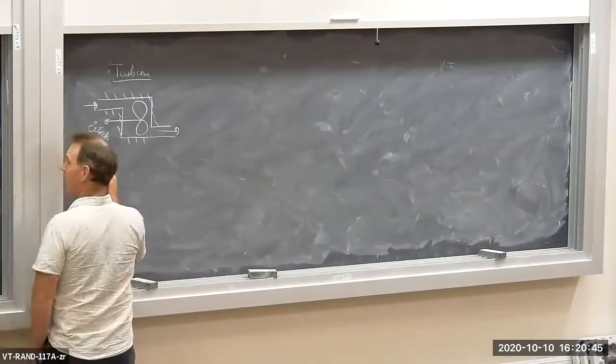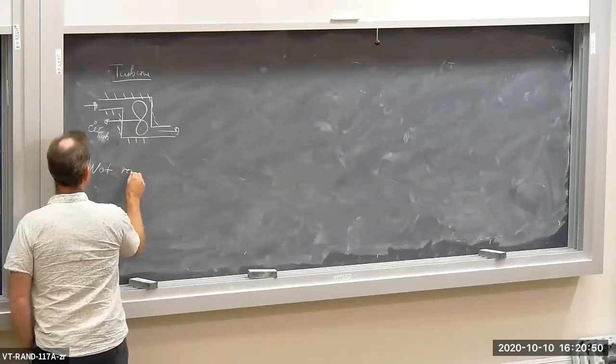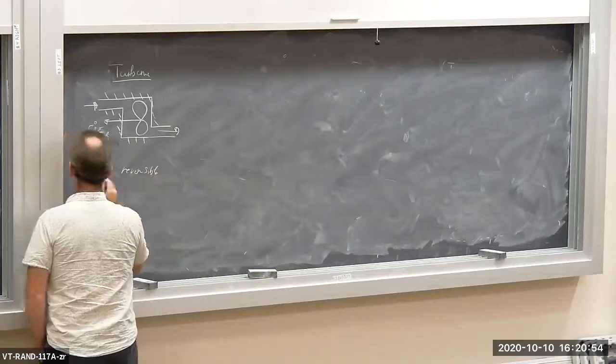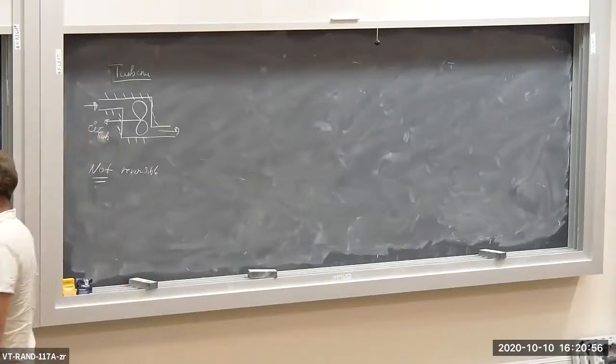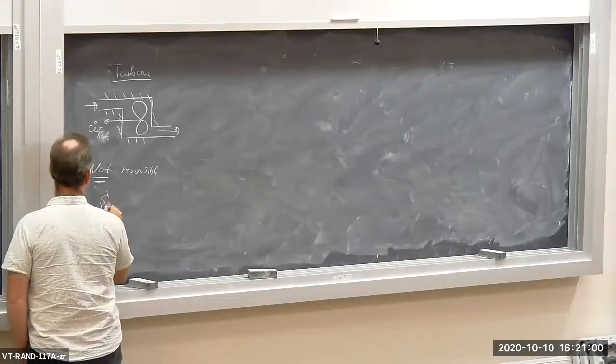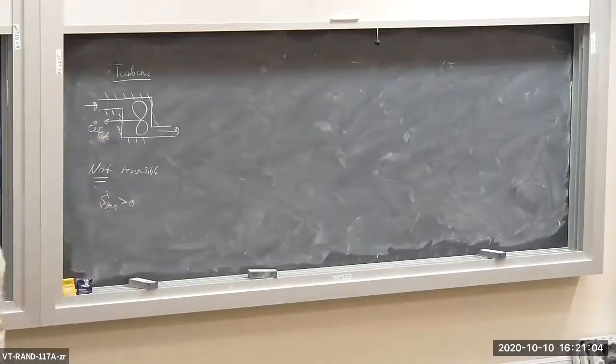So this guy is not reversible. So there's some S gen going on inside. So this means S dot gen is greater than 0. So there's friction in there. Who knows? What else is going on? Who knows?